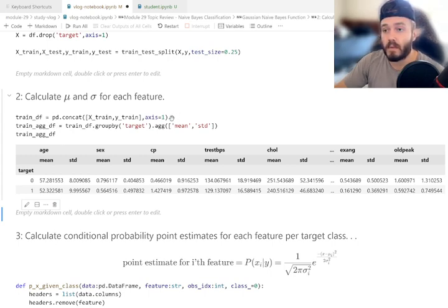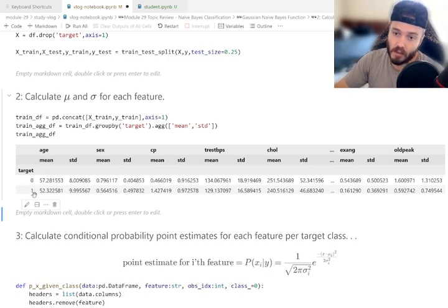So for naive Bayes, it's easier if you have your target and your predictors all in the same data frame. So we're putting all of them back together on this line, and then we're grouping them by their target. We're basically turning the target column into an index.